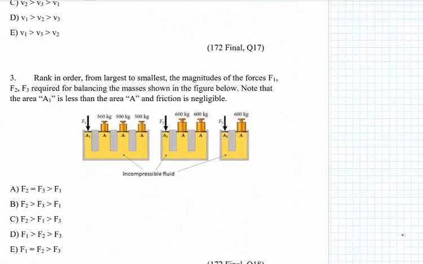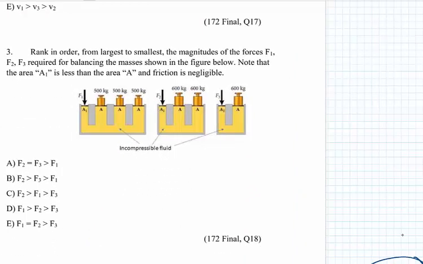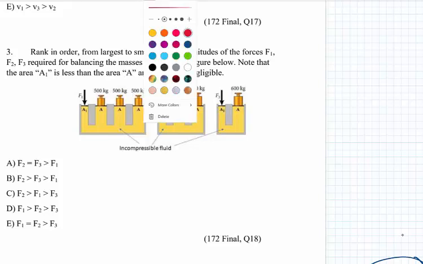For this one, rank in order from largest to smallest, that's about Pascal, the magnitudes of forces F1, F2, F3 required for balancing the masses shown in the figure below. Note that the area A1 is less than the area A, and friction is negligible.